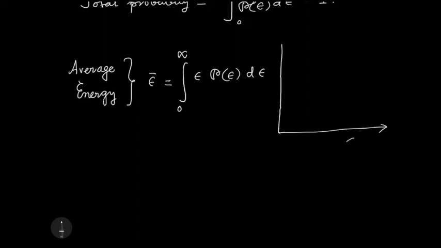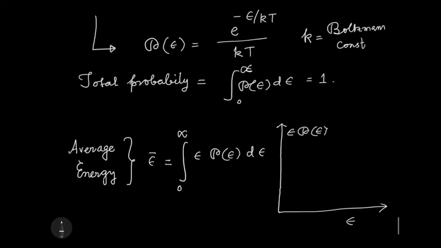Okay. So if you plot this, what I am plotting here is epsilon times p epsilon. See, p epsilon has e to the minus epsilon by kT, so for very large epsilon, it will be 0. At epsilon equals 0, since it is multiplied by epsilon, it is 0.